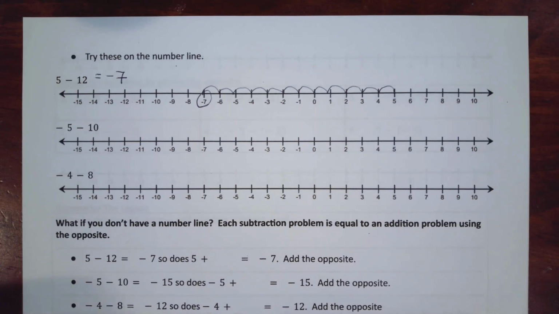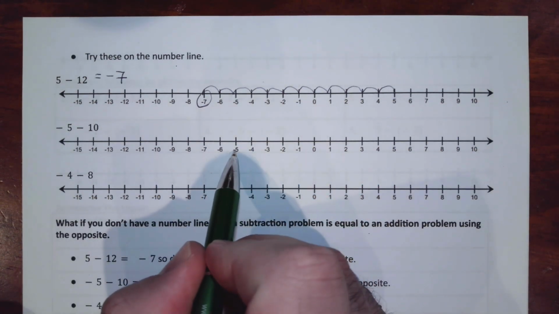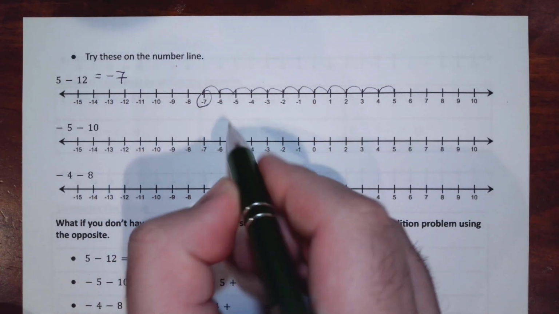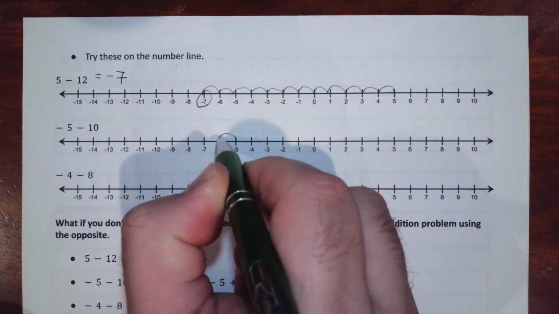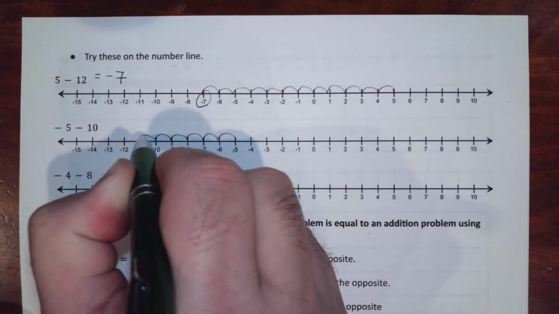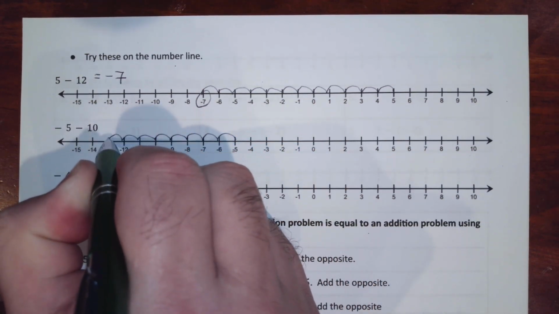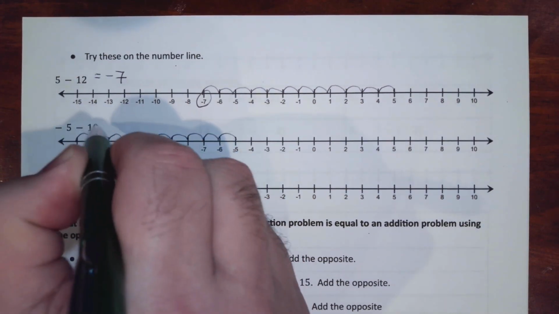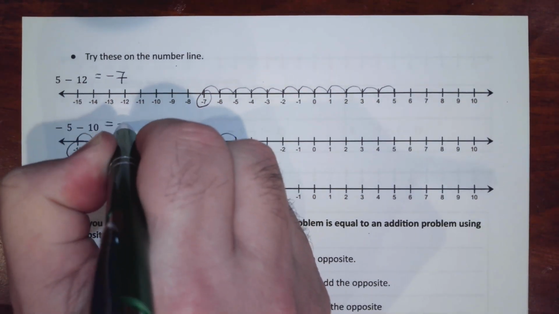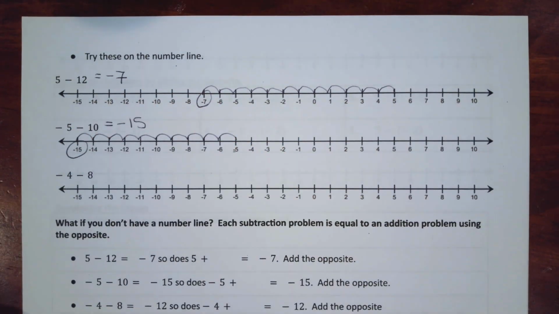-5 minus 10. So we start at -5, minus 10. We go 10 less, or 10 fewer. We end at -15. -4 minus 8, same thing.